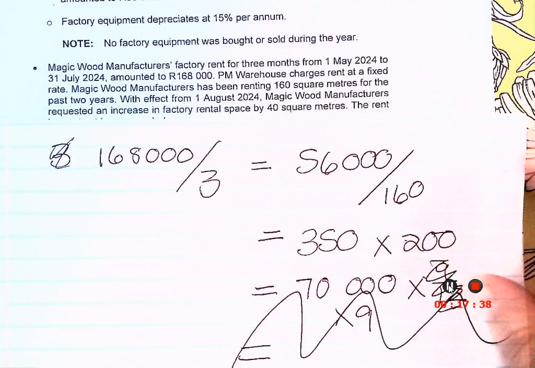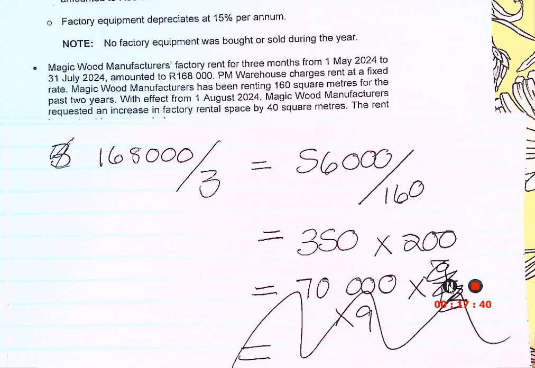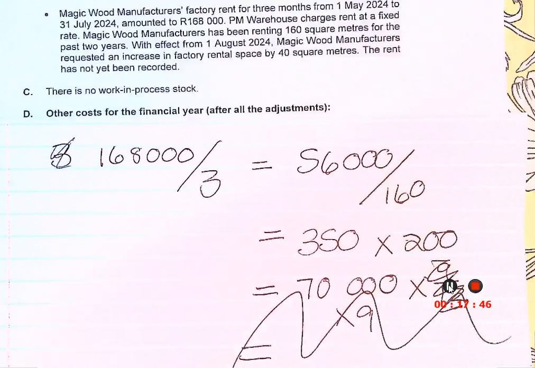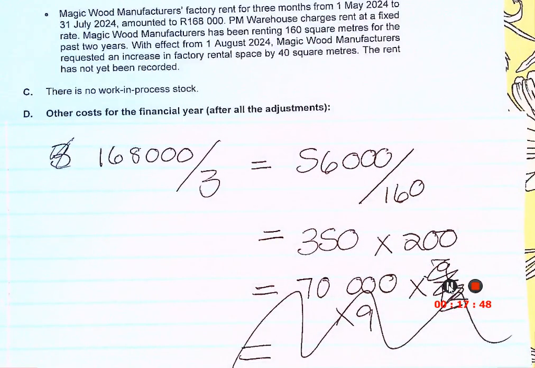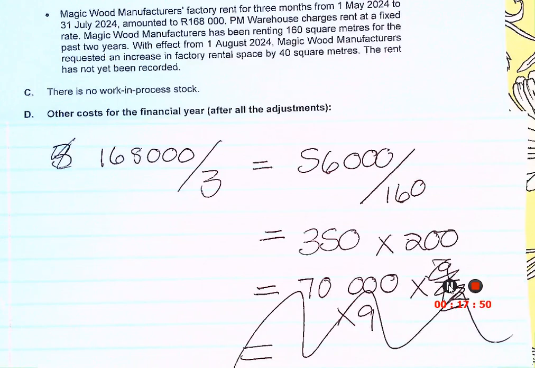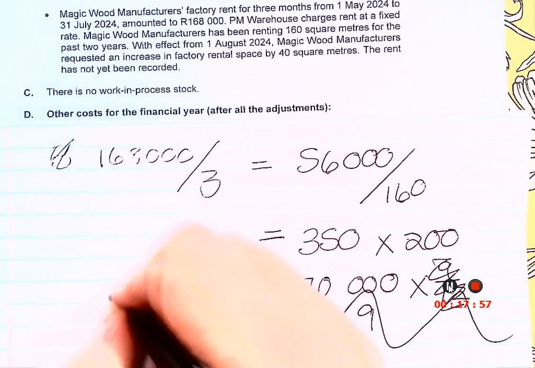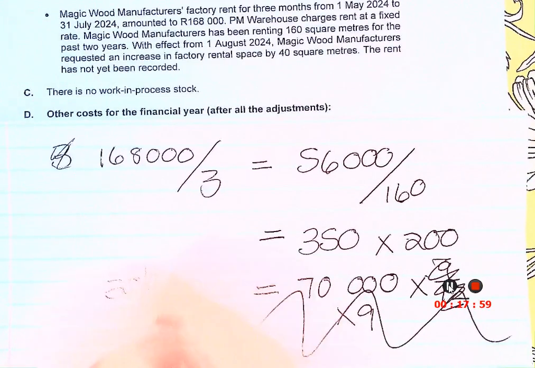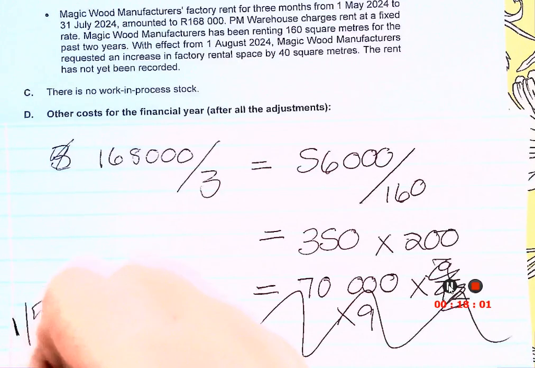They didn't have the rent for the full time at that price. So let's quickly go look. The 160 was for how many months? My year ends 30 April, so it started 1st May.